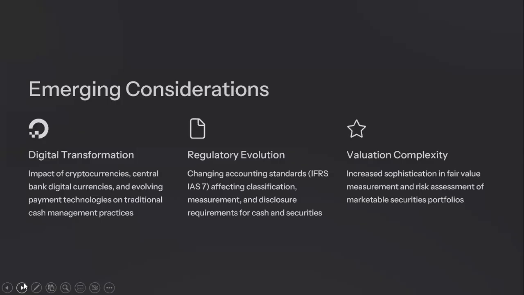If I want to manage my funds, I need to ensure that proper disclosures about classification and measurement of cash and securities under Accounting Standard 7 are followed. So avoiding valuation complexities, better transparency, and digital integration with compliance to regulatory changes will make my cash management more effective.